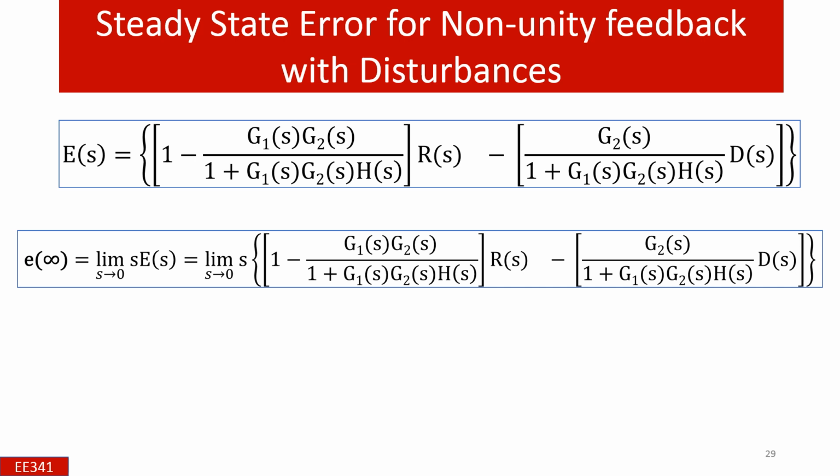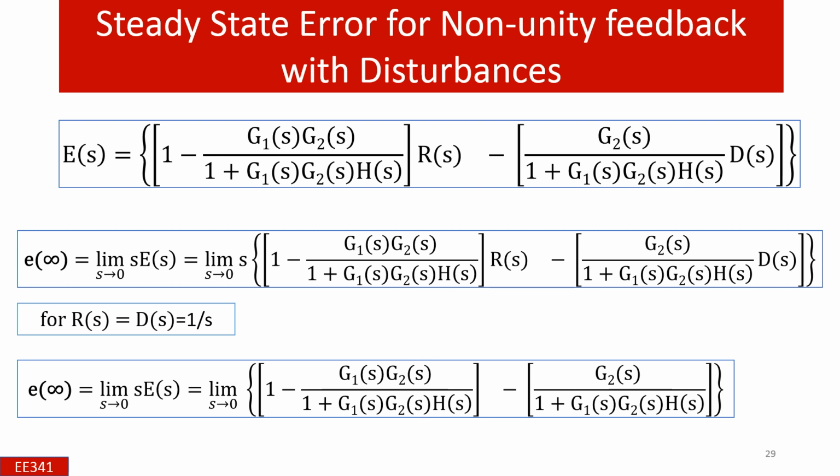By applying the final value theorem, for example if we consider some fixed value of input, the step input, both for the disturbance and for the reference value, this case becomes like this one, and in this situation this s is cancelled out for the reference value as well as for the disturbance.